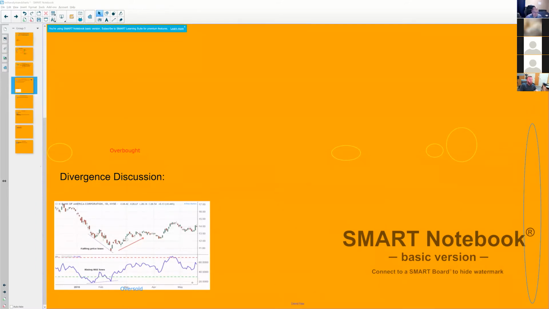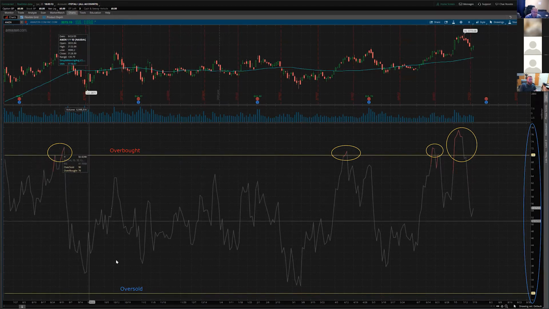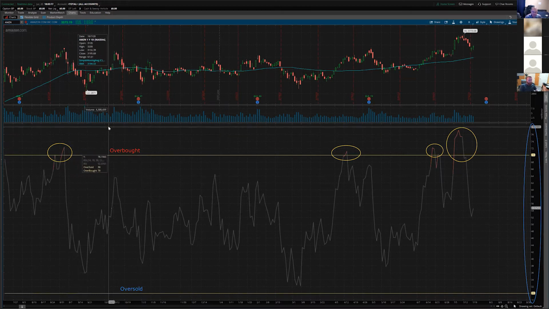A divergence is when you have a lower overbought or oversold, but then the price is more fluctuating. So that's actually a more advanced thing. But if you just Google divergence in stocks with RSI, I just posted it in the chat. You'll get some resources, and I'm going to go over that stuff too. So that may be a good video to talk about. Cough, cough, hint, hint, wink, wink.